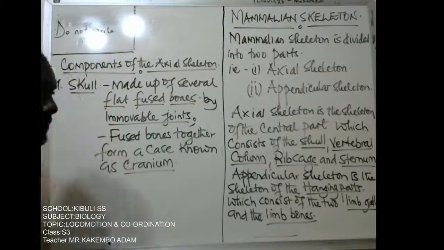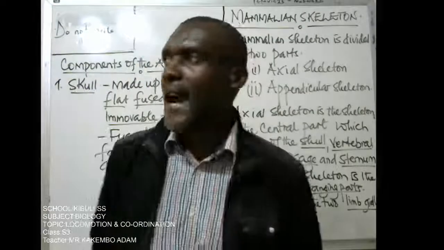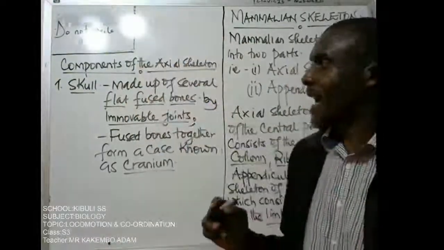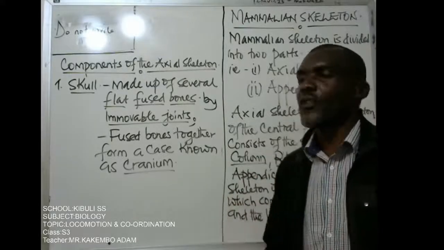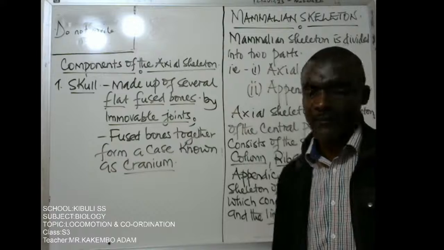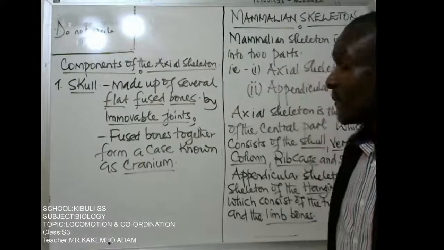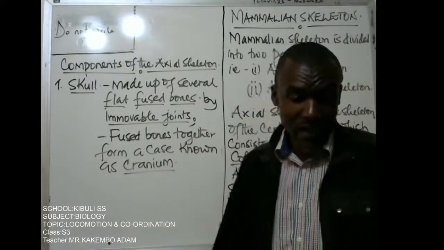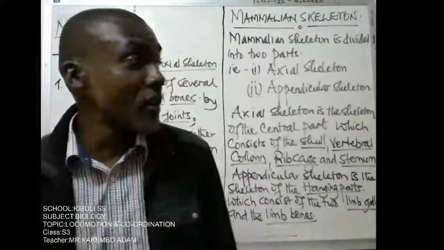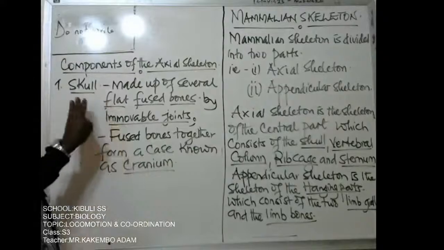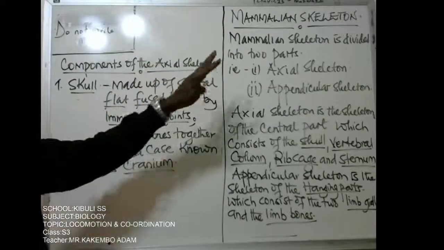So the skull is made of hard, flat fused bones that enclose a very delicate organ of the body called the brain. So the cranium is the case in which the brain is enclosed.